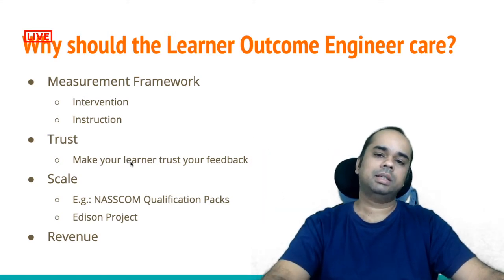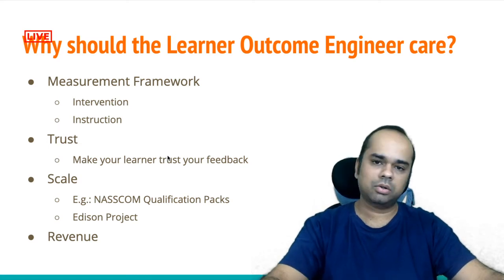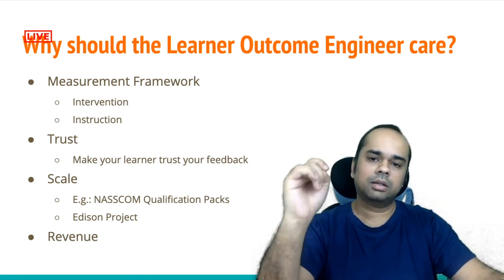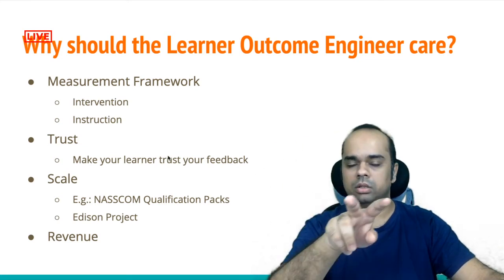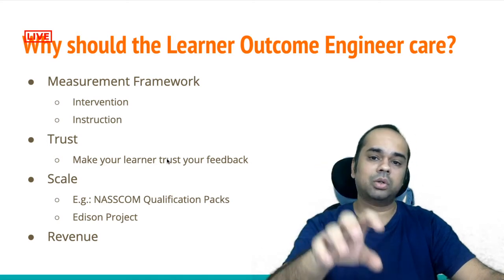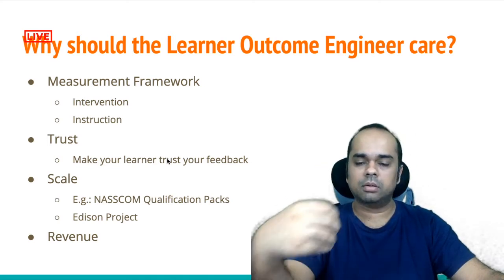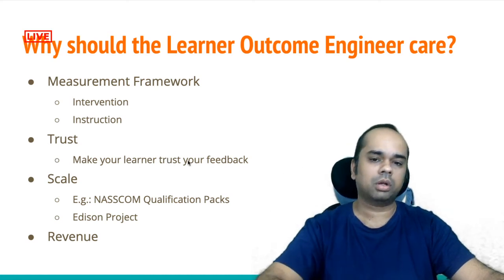And finally, guys, if you're a product manager, revenue is somewhere your consideration. Learning outcomes, yes, but a learner outcomes engineer has a twofold objective, where you want to achieve the learning outcomes and also want to make sure that the learner also pays something tangibly to the organization for the product that he or she is using.